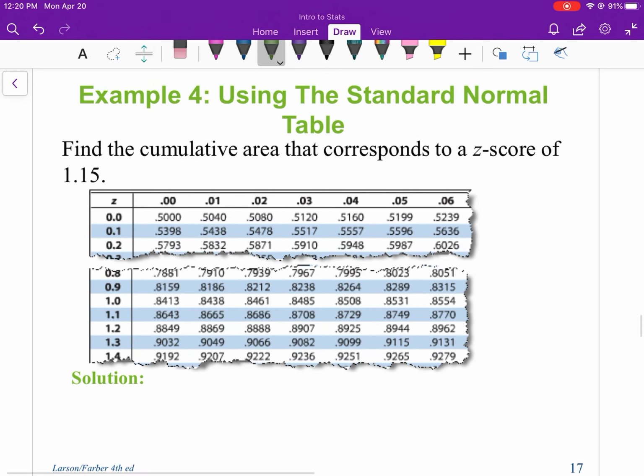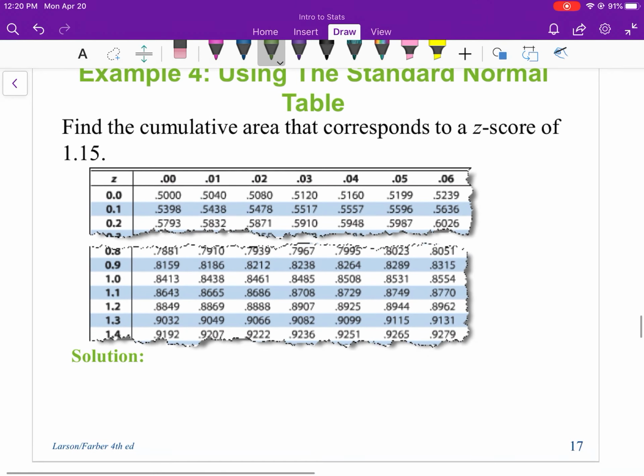The first thing I'm going to show you is how to use the table to find the area. For each of these I'm also going to sketch a standard normal curve, and I would encourage you to graph these out as well so that you get used to them. In the middle we have 0. I'm finding a z-score of 1.15, so if I put 1 here, 2 here, and so on, 1.15 is roughly here.